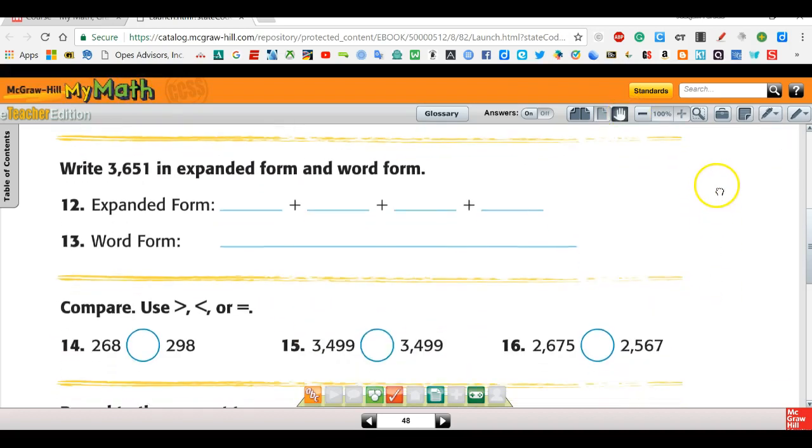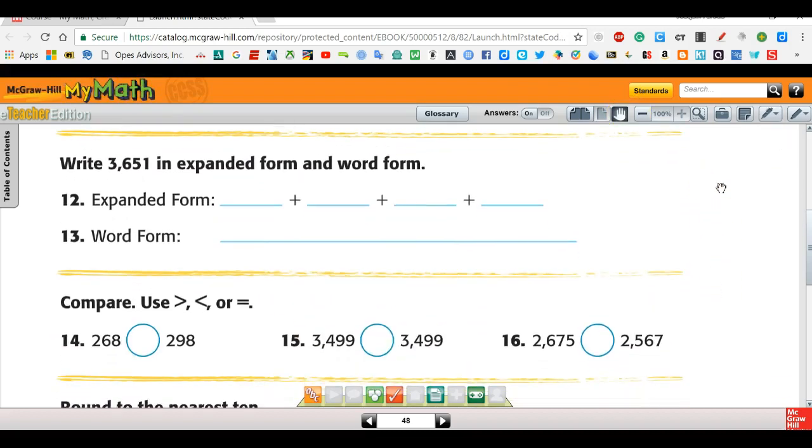And then number 12 and 13, obviously it says the expanded form. I need to write 3,651 in expanded form. What comes first? How do I write that? Okay, what comes next? 600.